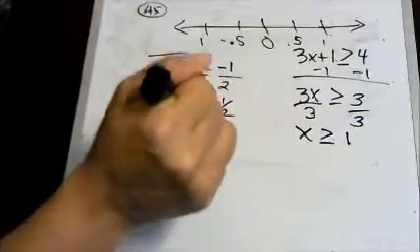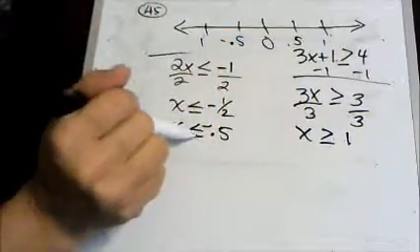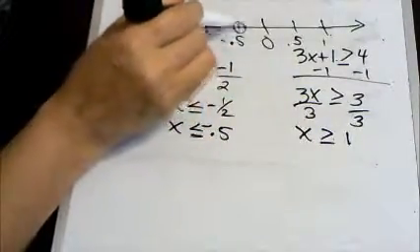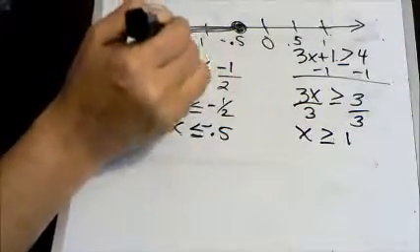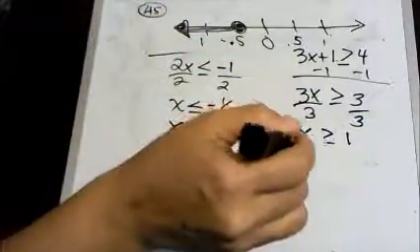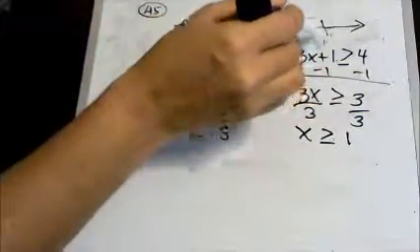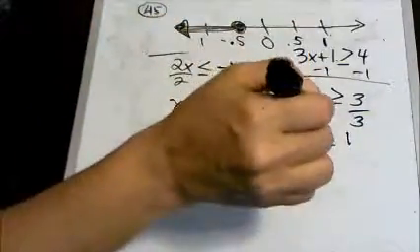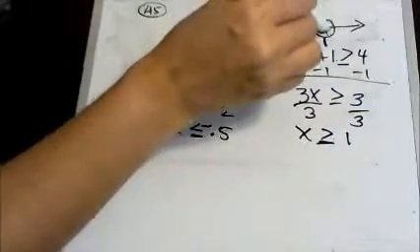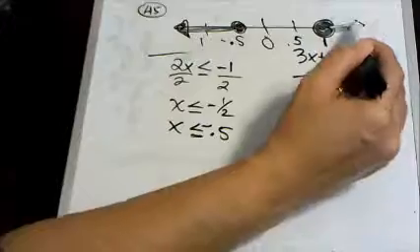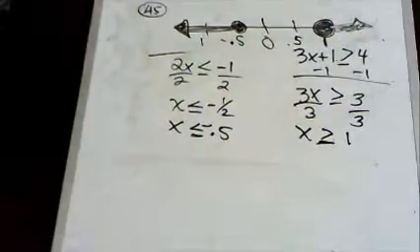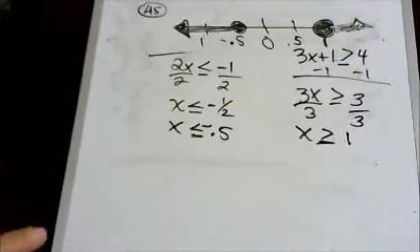And we notice that this is less than or equal to, since it's got a line, we got to color in the lines. On this side, greater than or equal to 1, here's the 1. It's got a line, so we've got to color in the lines. There we go. We're done with 45.